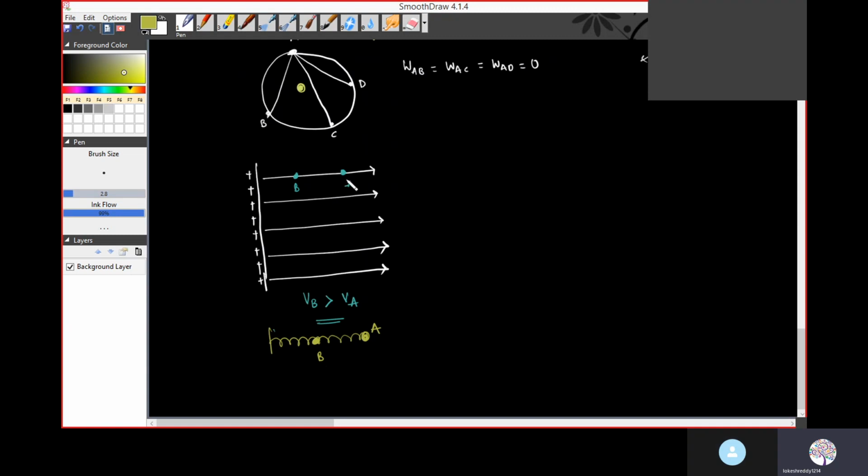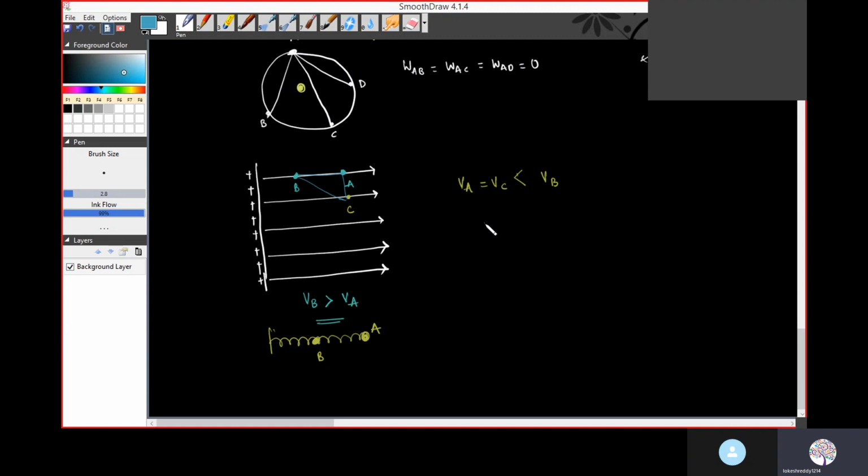Now, if you take another point C, then we write the potential of A is equal to the potential of C, but these two will be less than the potential of B. Based on this concept, he might ask you which point has greater potential.